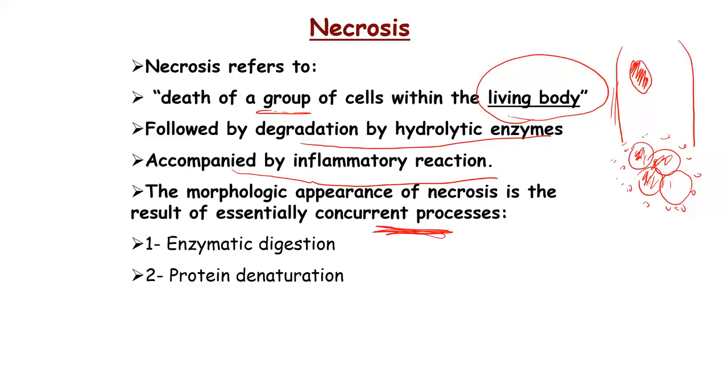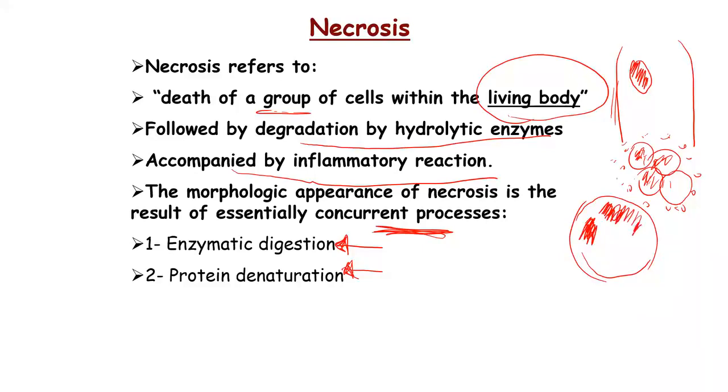The morphologic appearance of necrosis is the result of essentially concurrent processes. We have two processes giving the predominant morphology of the necrotic area. Which is more predominant in the dead cell: enzymatic digestion or protein denaturation?